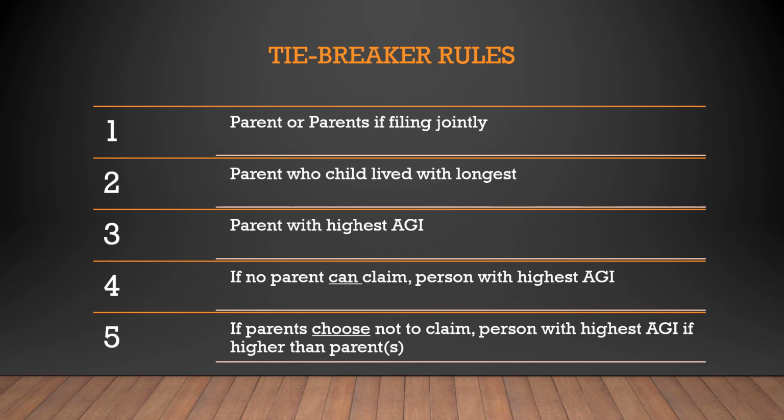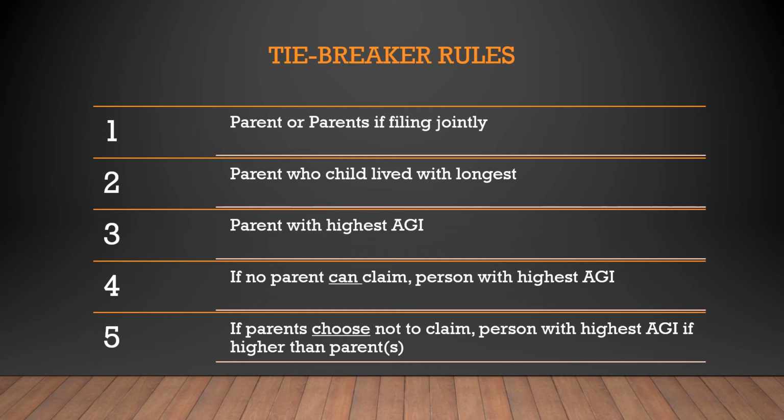And then if neither parent could claim the child, say a child is living with an aunt for half of the year and lives with the grandparents for the other half of the year, then it would go to the person with the highest adjusted gross income. In that case, the child did not live with either of the parents for over 50% of the year, so the parents would not be able to claim that child.